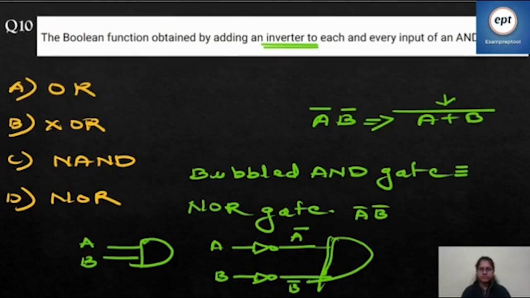Like this it will be. This is also equal to this if we apply the bubbles here. That's why the bubbled AND is equal to the NOR gate. So option D is correct.